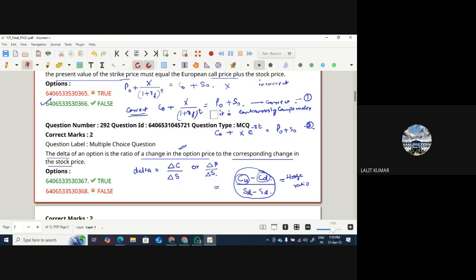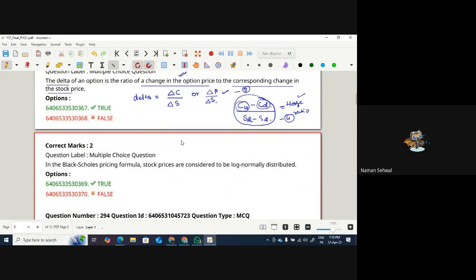Both formulas: one is for delta and one is for hedge ratio. Is that okay? Suraj? Sir, what are U and D here? U is when the stock price, for example, was at 100 rupees, which is S0, and you purchased one call option for rupees 5, or C0, which you calculate.